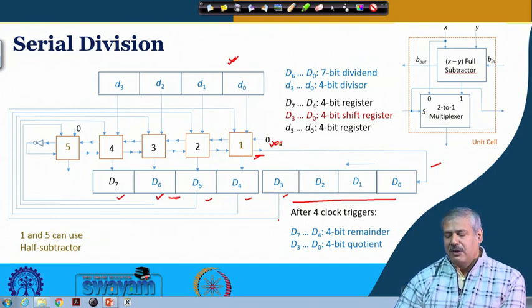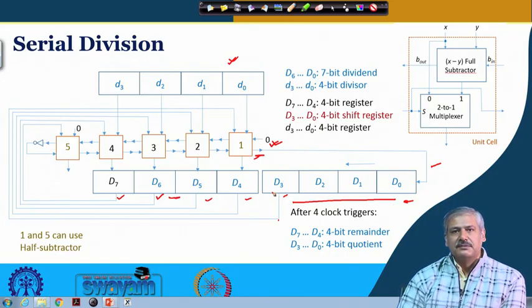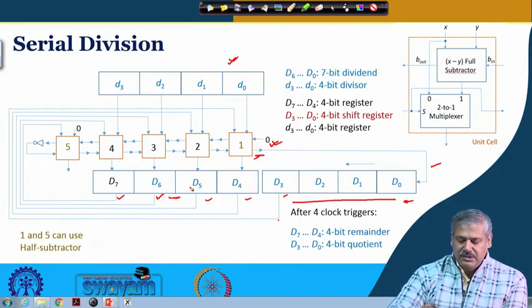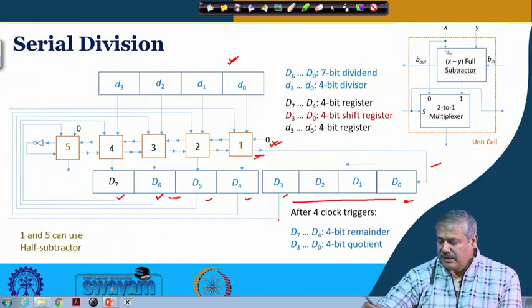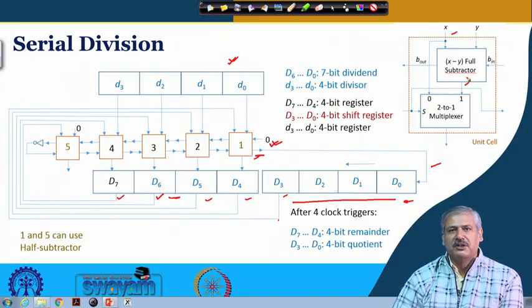Now, with the clock, what happens? This quotient Q0 comes over here, and D2 takes the place of D3, and now this D6, D5, D4, and the particular value that comes over here from the unit cell, either this one or the subtraction value as per the logic, will be there.